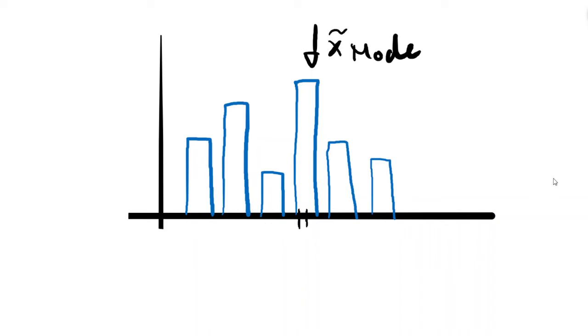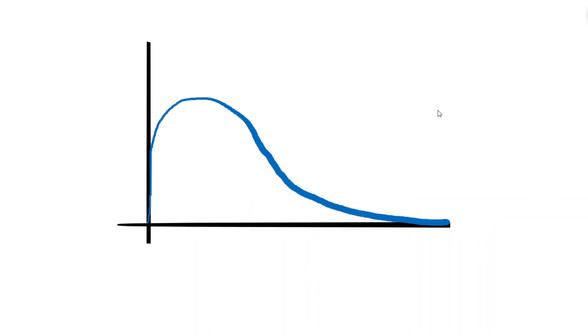The median is also very hard because we can't sort them in any way. So the only central tendency we would be able to use in that case would be the mode. Because the mode doesn't really care about that, it only cares about what is the highest. So it all depends on how the data looks.